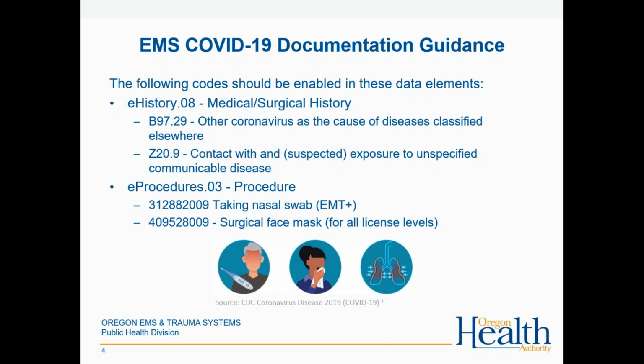Maybe this is a patient being transported, but either way, this other coronaviruses as cause of disease classified elsewhere is reserved for patients that are confirmed cases. Z20.9 is when we can't confirm a positive COVID test diagnosis in the field. So it's a little more generic, but still allows us to see that in the medical history.